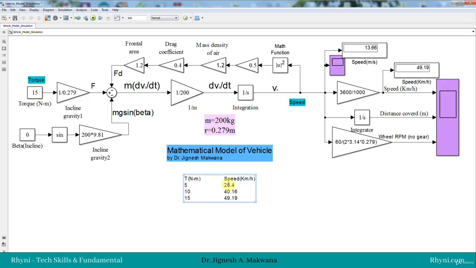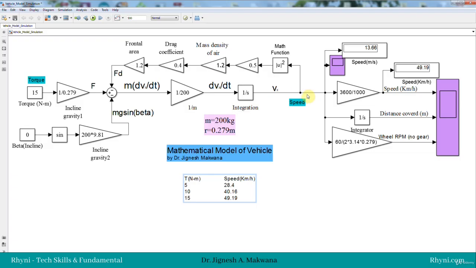Do this experiment and share your result of the torque speed characteristic of the vehicle in terms of a lookup table as well as a plot. It will be exponentially increasing. You will realize that it increases exponentially. This is called the speed torque characteristic of the vehicle, or speed torque response of the vehicle, that can be predicted by this model.